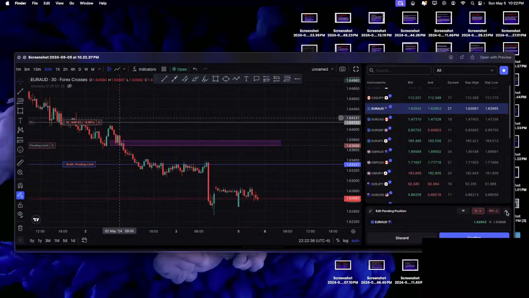All right, cool. So this arrow here, if you click this arrow, it'll pull up your trade window. Okay?